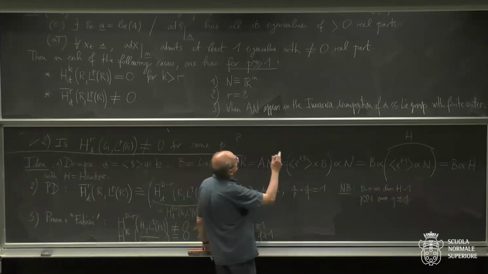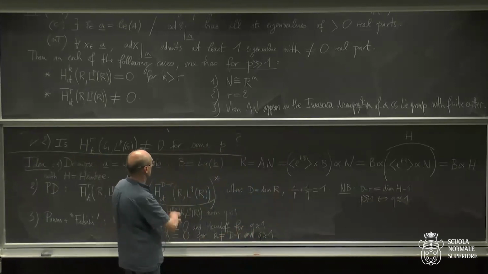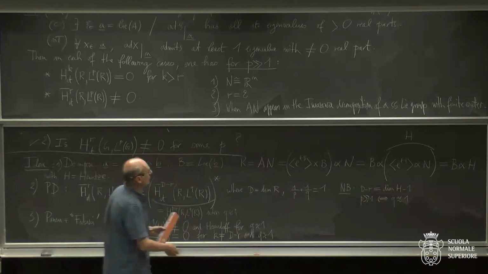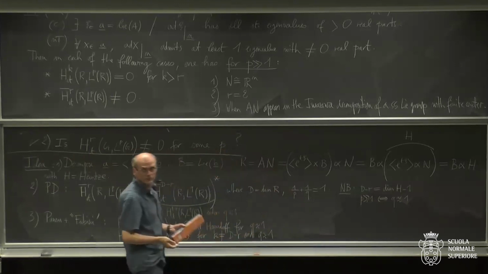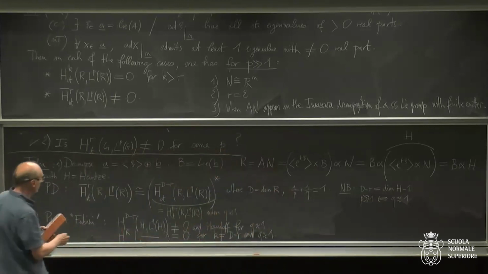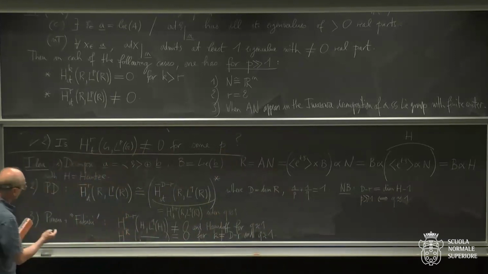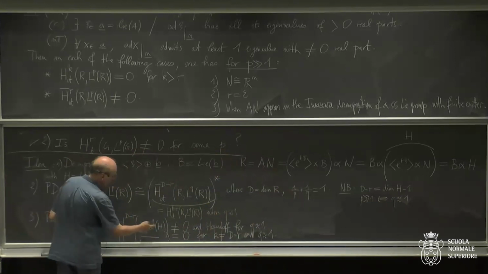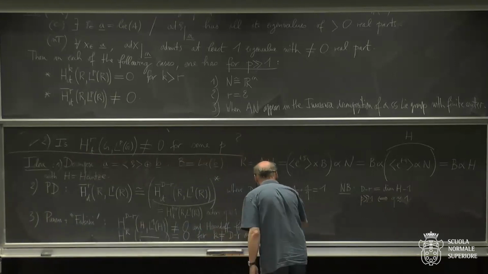Okay. So you can expect to say something about the cohomology of R using the cohomology of H in a spectral sequence. But the term which will appear in the spectral sequence is not the cohomology of H, it's the cohomology of H with value not in Lq of H, but Lq of R. So you need something.